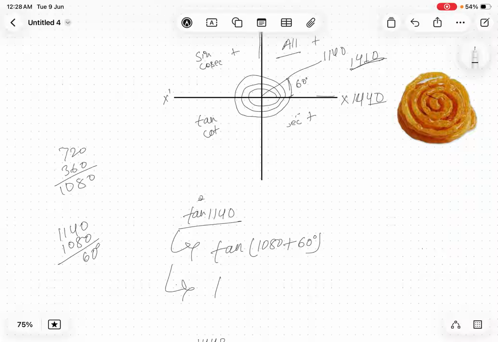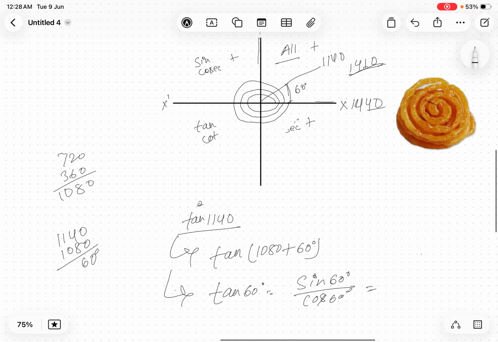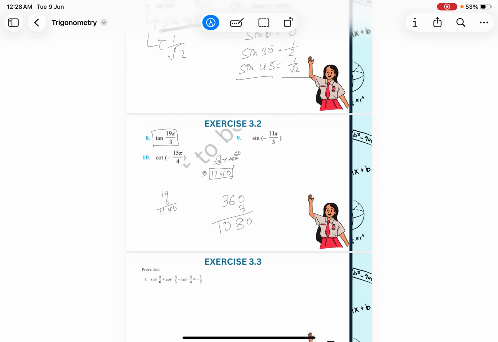So tan 60 degrees equals sine 60 degrees by cos 60 degrees. Sine 60 degrees, I think, is root 3 by 2. Let me just check.